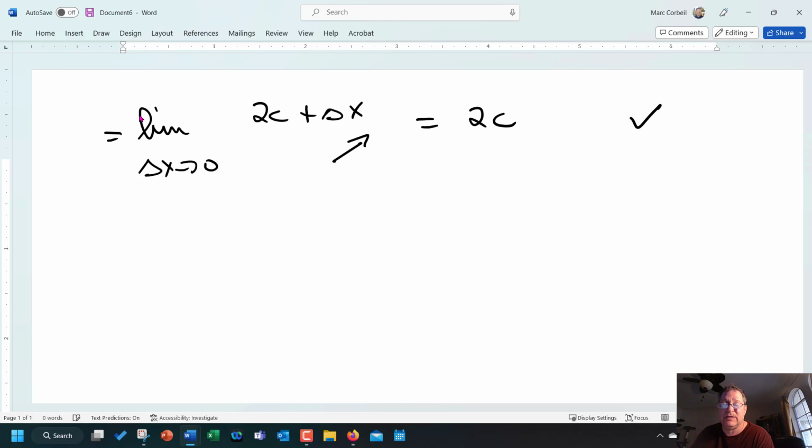So that actually gives us a derivative in general. And now if I want c in this case equal to 2, I'll put 2 in there. So 2 times 2, I get 4. So in this case, what I get is that the tangent line is going to have a slope of 4.